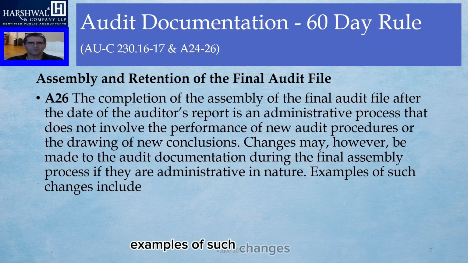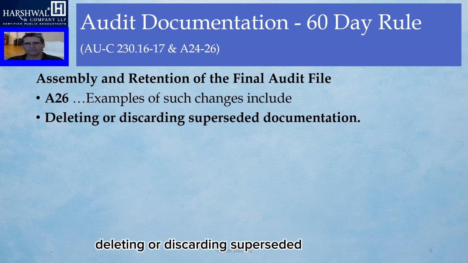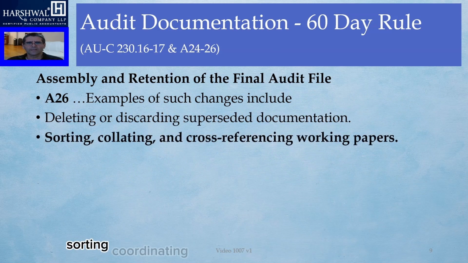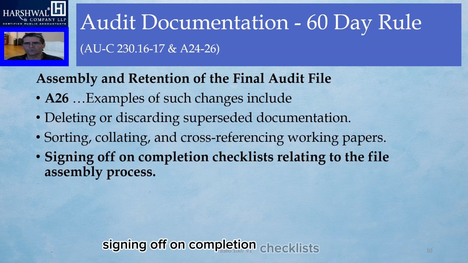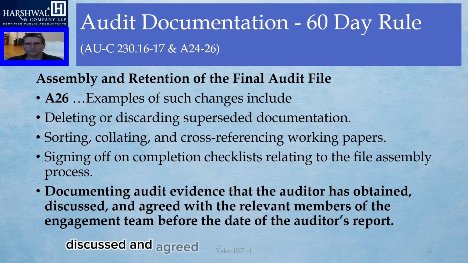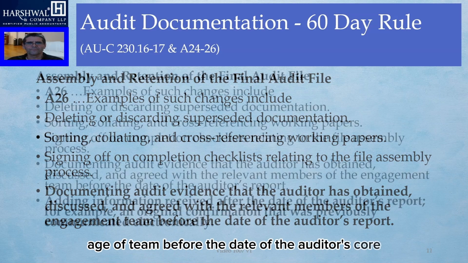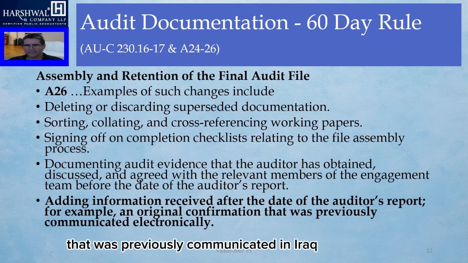Examples of such changes include deleting or discarding superseded documents, sorting, collating, and cross-referencing work papers, signing off on completion checklists related to the file assembly process, documenting audit evidence that the auditor has obtained, discussed, and agreed with the relevant members of the engagement team before the date of the auditor's report, adding information received after the date of the auditor's report, for example, an original confirmation that was previously communicated electronically.